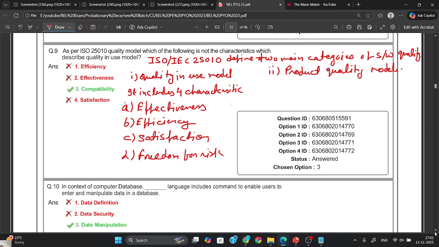Similarly, we have the product quality model. It includes eight characteristics.